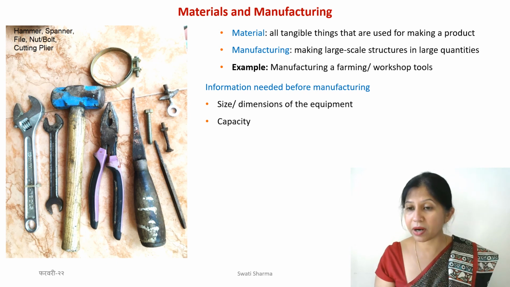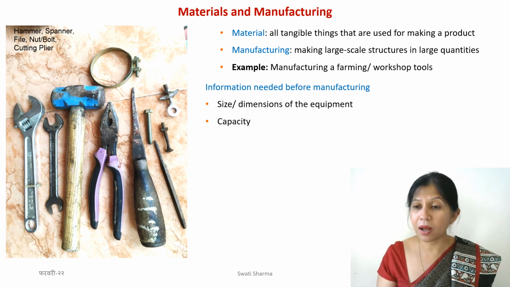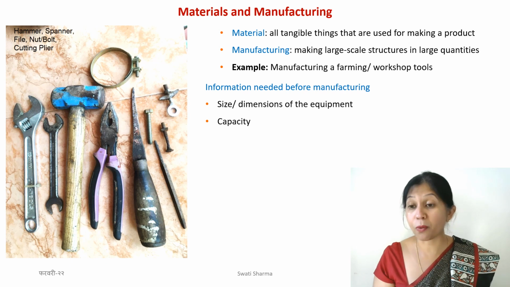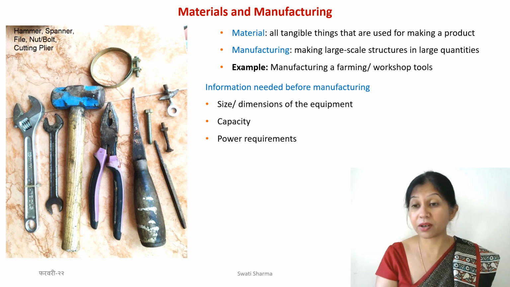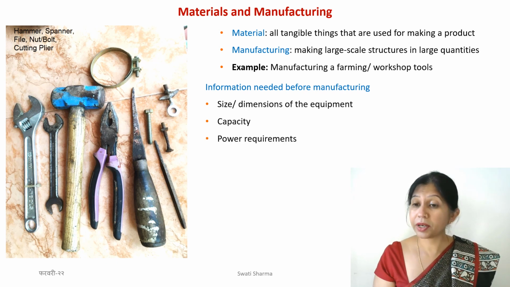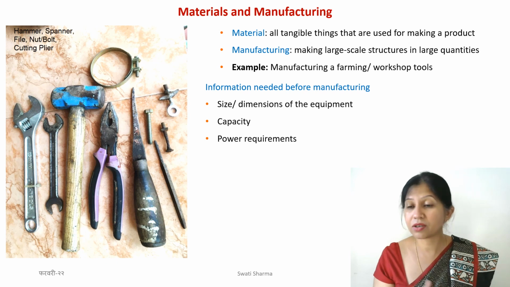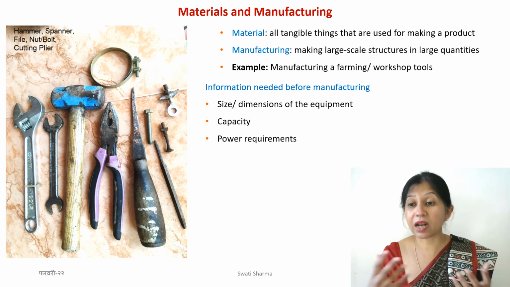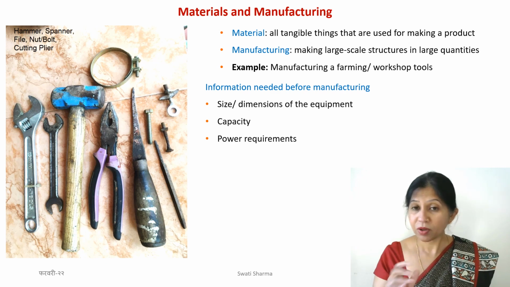In the case of a hammer, or any smaller tool or equipment, the capacity is mostly defined by how much force, what the application is, for what purpose you need to use that thing, whatever you're manufacturing. So that is the second piece of information that you need. You will also need to know the power requirements, AC or DC, what the voltage requirements should be, what the horsepower should be for large scale machinery and so on. So these are some of the things.